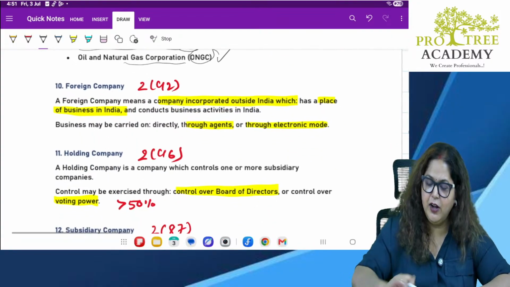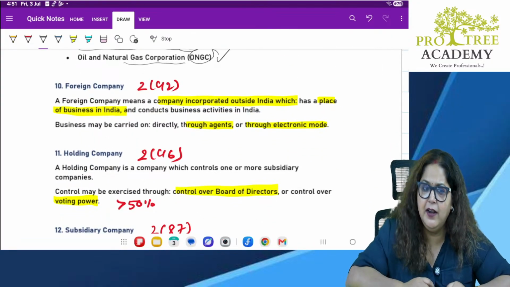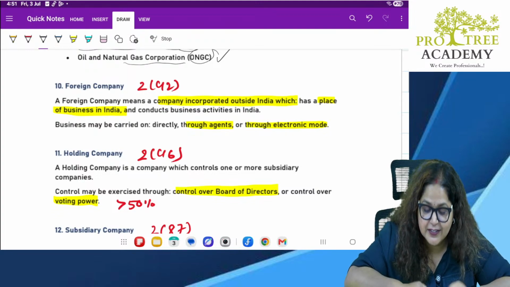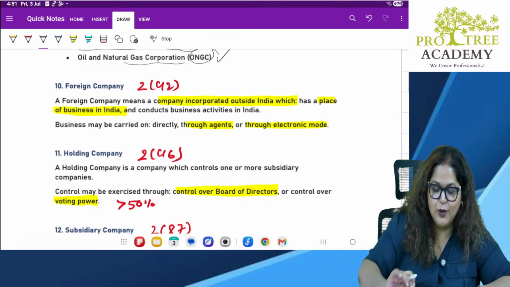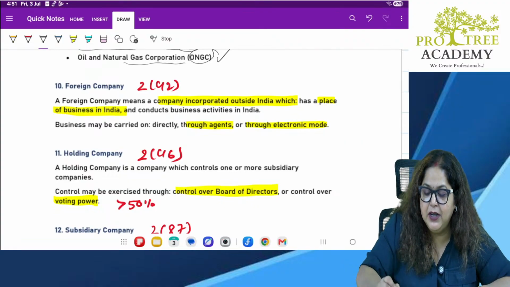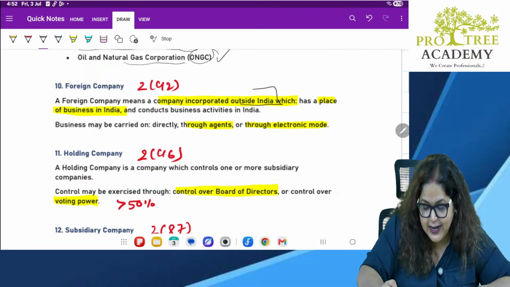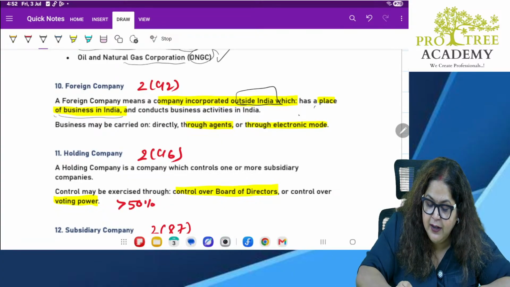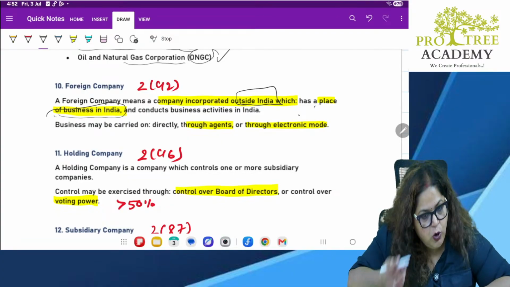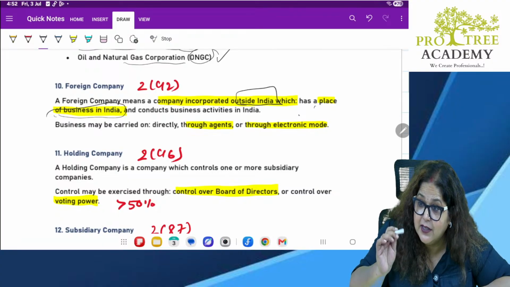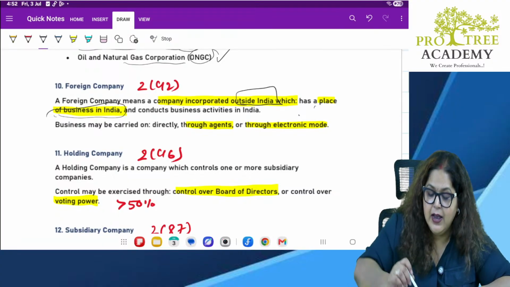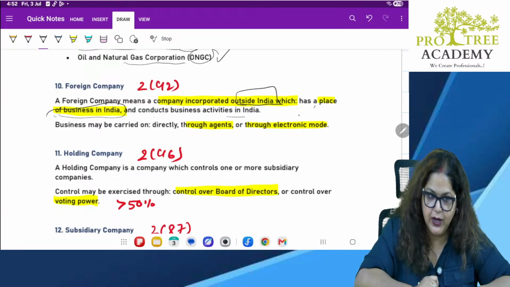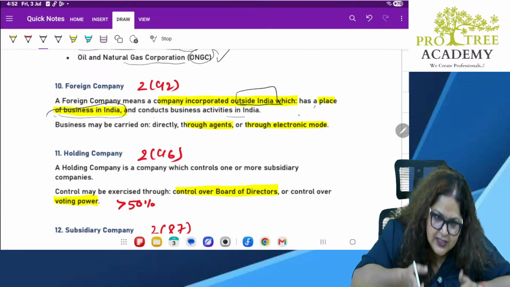Next is what? Foreign company, guys. Foreign company means what? A foreign company means a company incorporated outside India, but which has a place of business in India and conducts business activities in India. That's why it is coming under the Companies Act 2013.